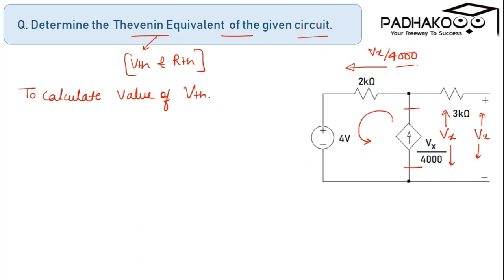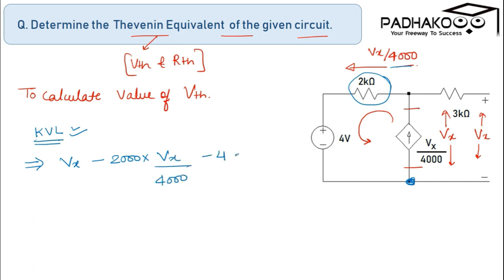So by applying KVL, starting from here, we have a voltage gain of Vx, then we have a voltage drop of 2000 into Vx over 4000, minus 4 equals 0.